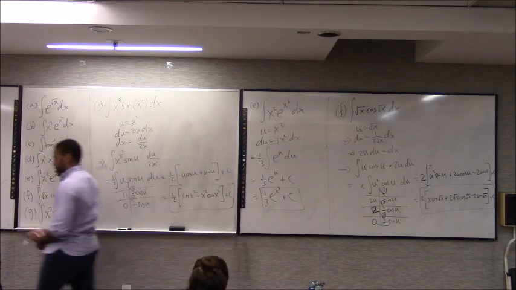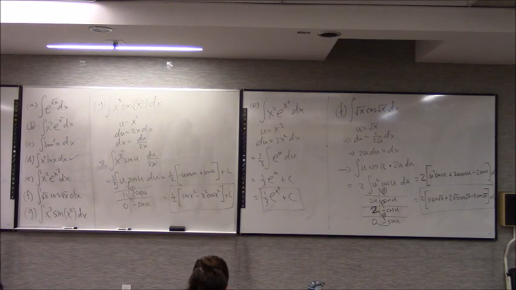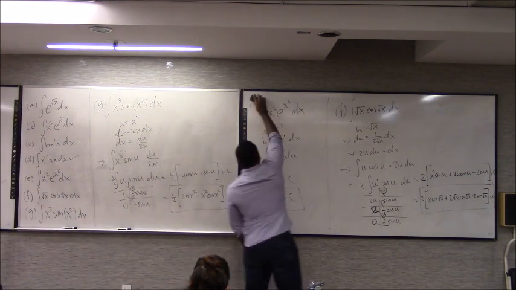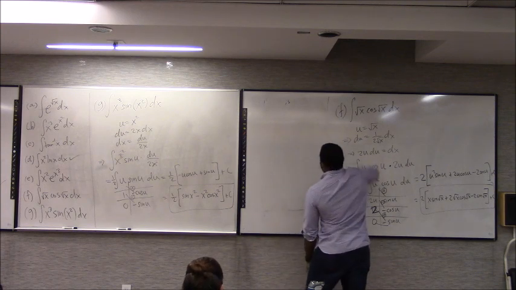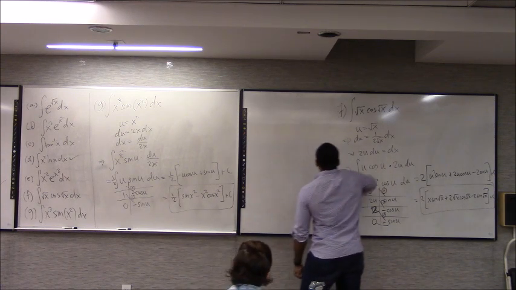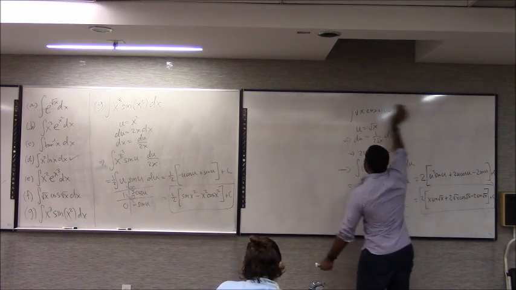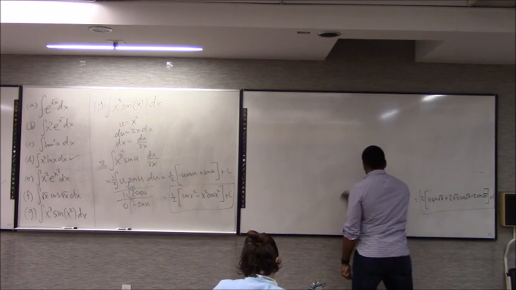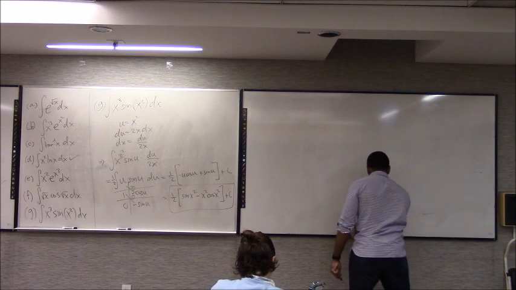Alright, that's it. That's integration by parts. Just another technique, another tool in the tool belt. We're going to learn about yet another tool in the tool belt. Trig substitution is what it's called.